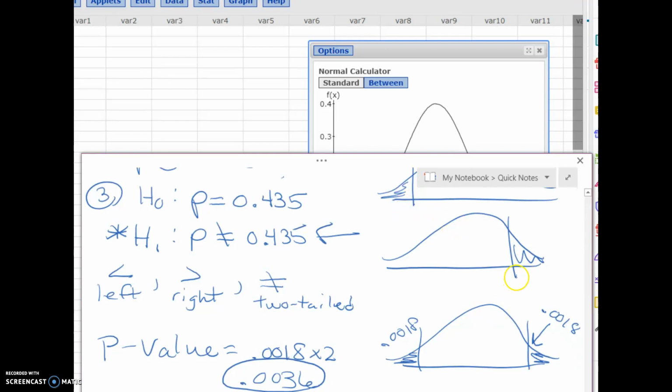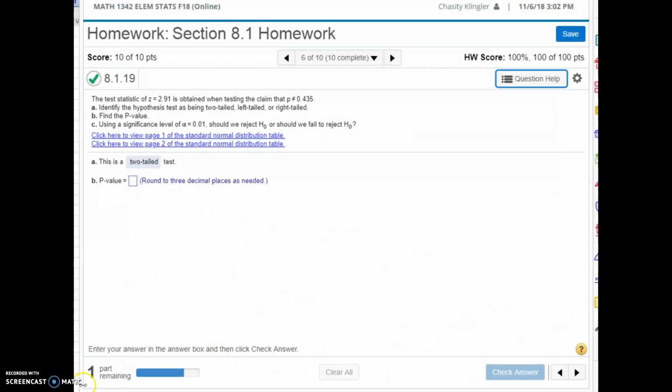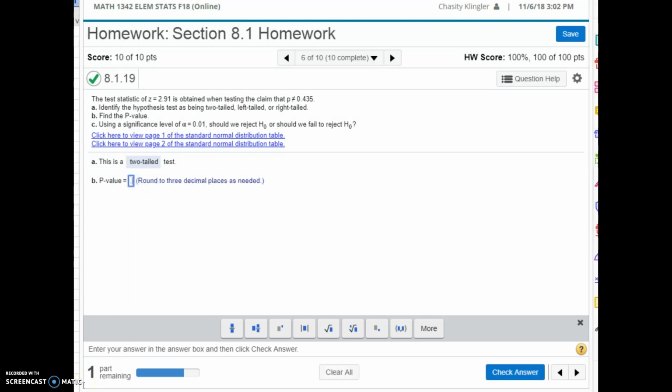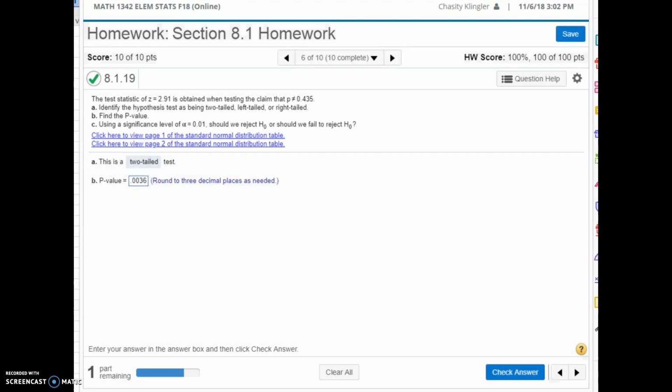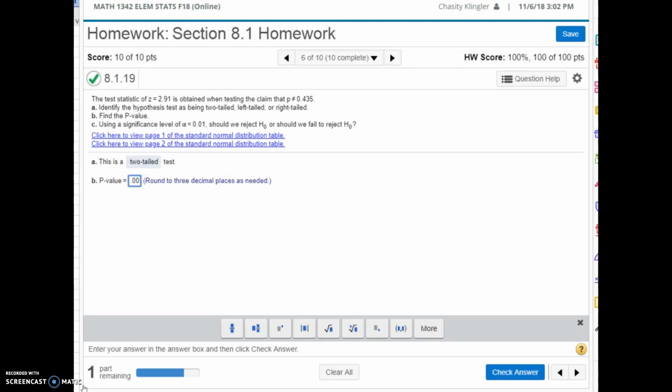If it was right-tailed, you'd put the z-score right here, and it would just be the probability of each tail. But if it's two-tailed, you need to double your p-value. Oh, it only wants 3 decimal places, so 0.004.